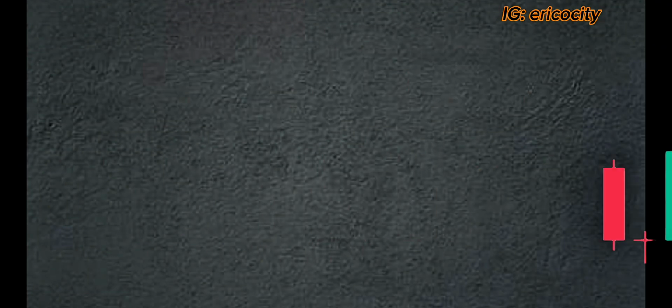Now that we have a proper understanding of what the anatomy of candlestick is all about, let's move on to my two most effective Japanese candlestick patterns. The first one is the morning star or the morning doji star. They have almost the same functions, but for the sake of this video, I'll be using the morning doji star candlestick pattern.